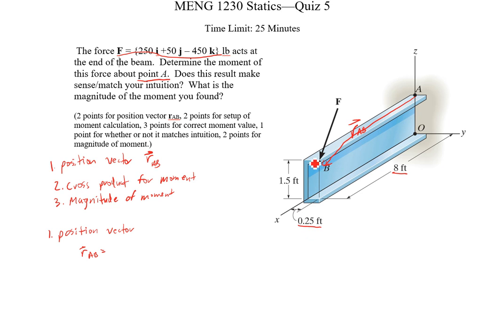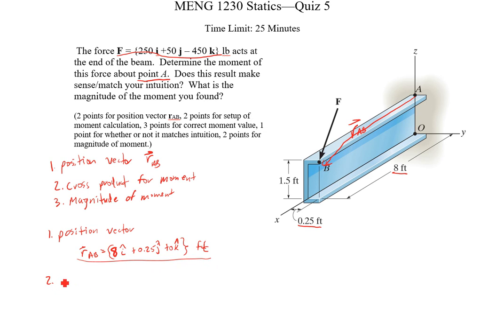And in the z, we're in the same position. So our position vector is 8 i plus 0.25 j plus 0 k hat, with units of feet.